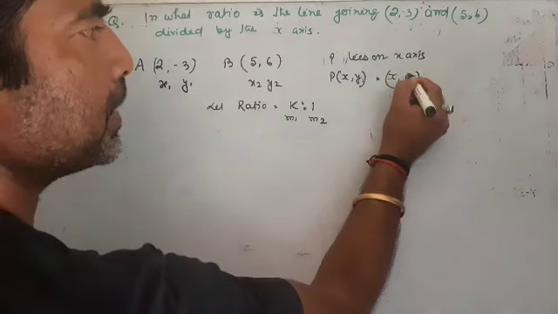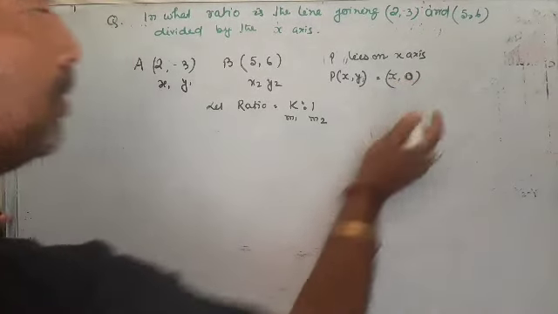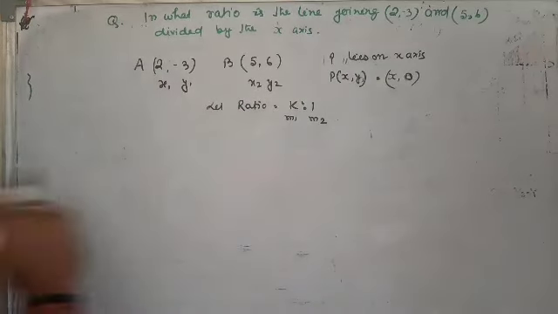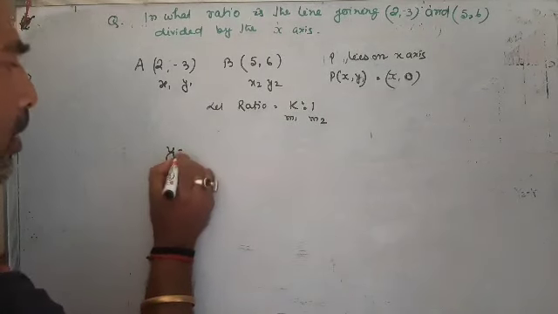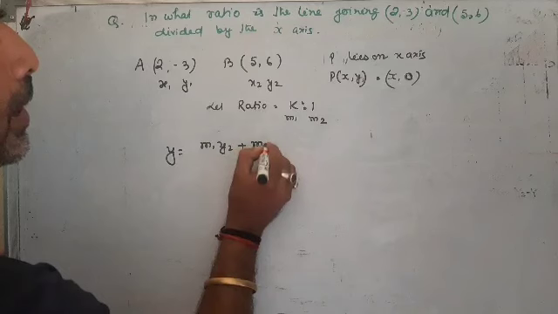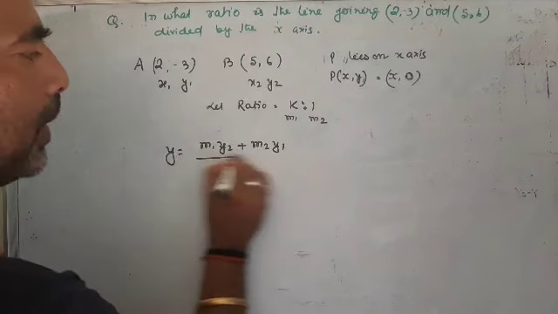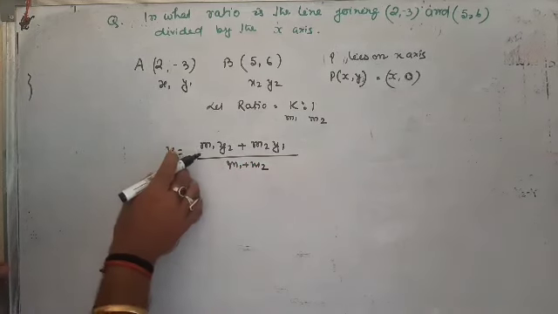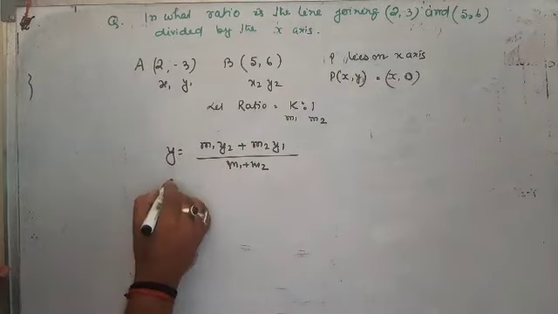The y value, the ordinate, is clear: the value of y is 0. So you just put in the y formula. Y is equal to what? If I take m1, then we use y2. If I take m2, then I use y1, by m1 plus m2, and the value of y is given as 0.